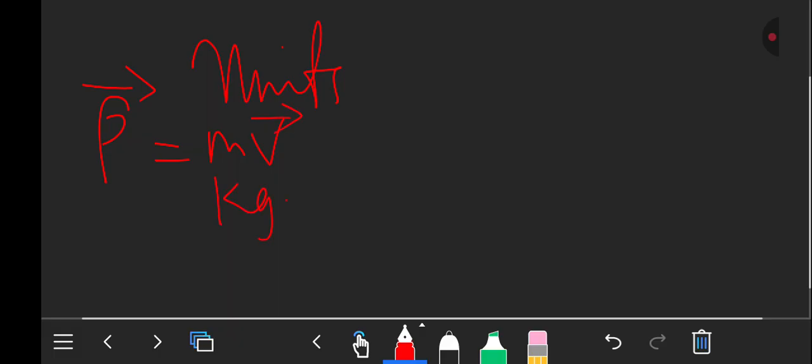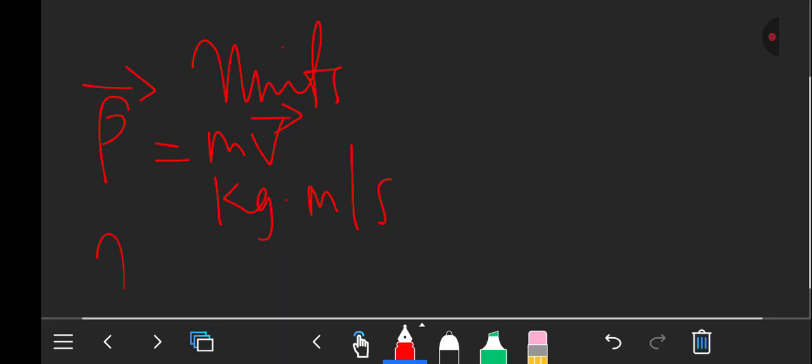Now let's look at the units. Since linear momentum is equal to the mass multiplied by the velocity, the SI unit of mass is kilograms and the SI unit of velocity is meters per second.